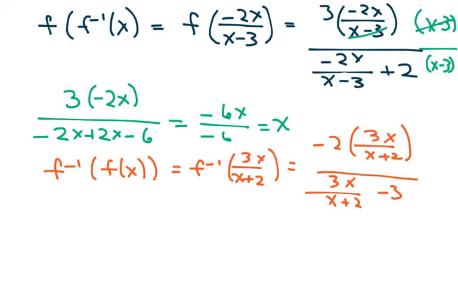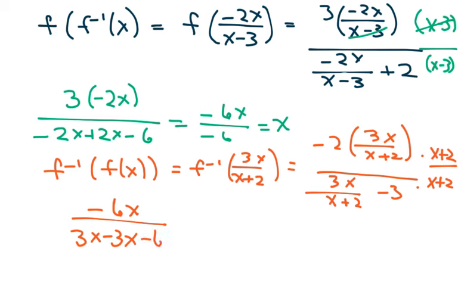Again, I'm going to multiply the numerator and the denominator by x plus 2. Multiply each part, and you're going to get negative 6x over 3x minus 3x minus 6, which gives me negative 6x over negative 6, which equals x.